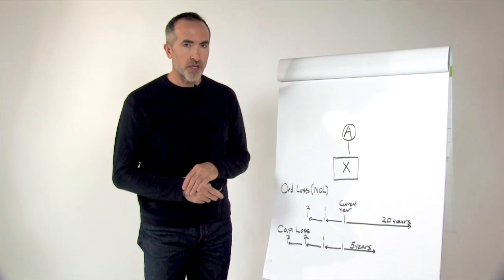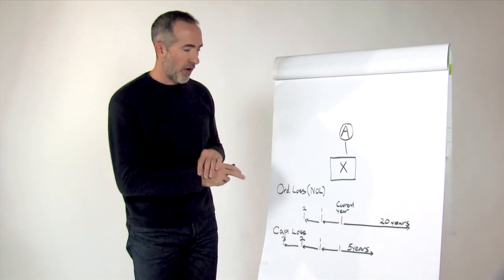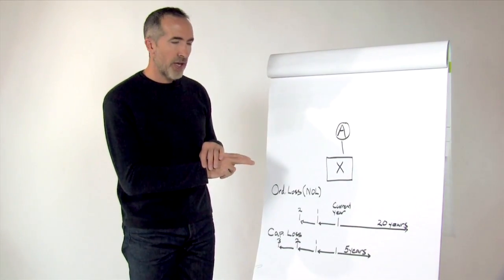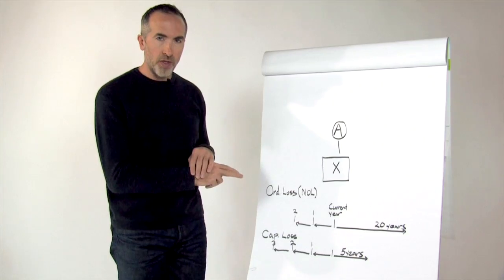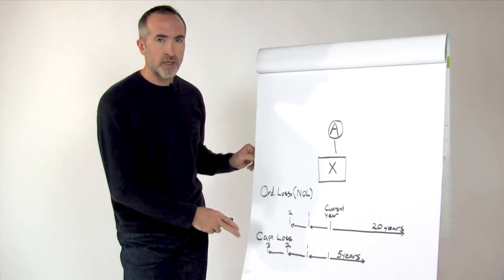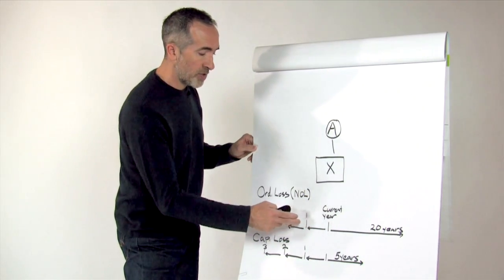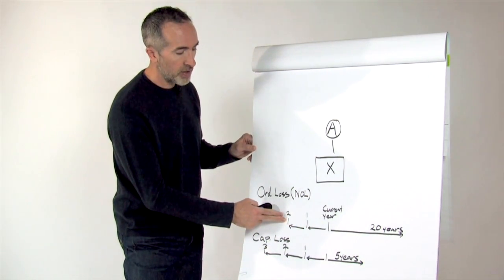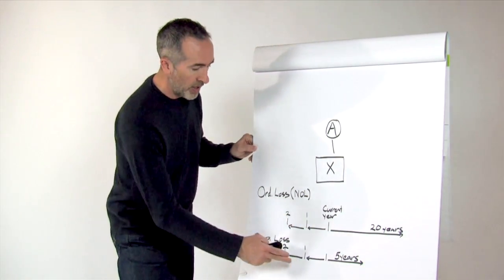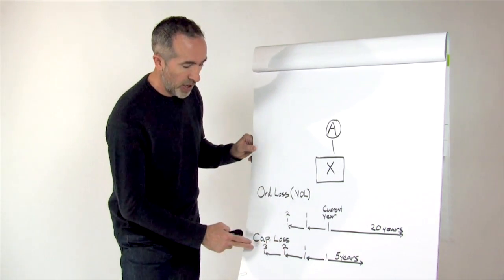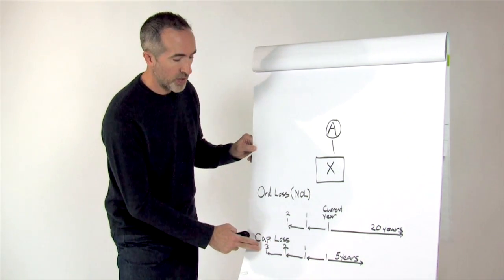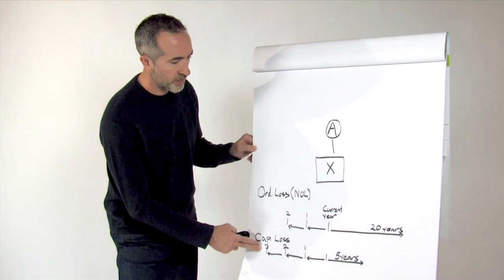Let's look at an illustration. In this diagram, the corporation X has both ordinary loss and capital loss. As previously mentioned, an ordinary loss is subject to a 2-year carryback. Likewise, a capital loss is subject to a carryback 3 years in this instance.